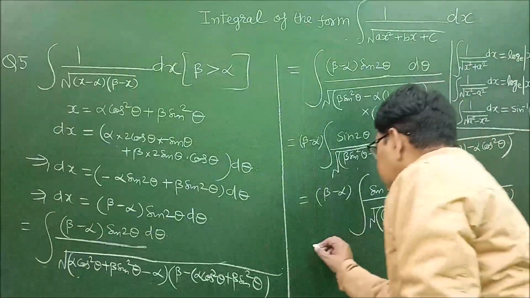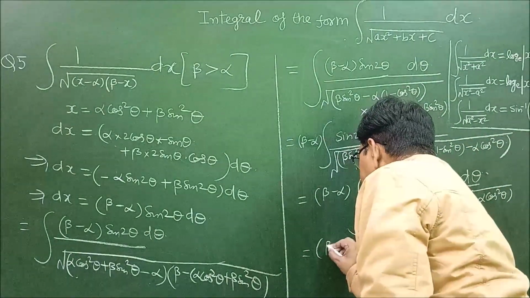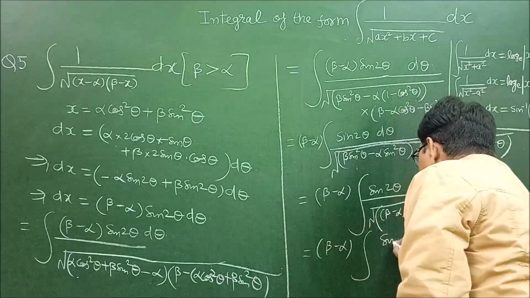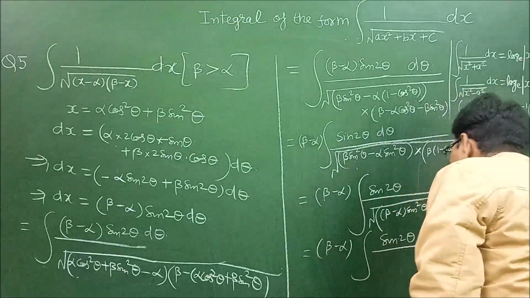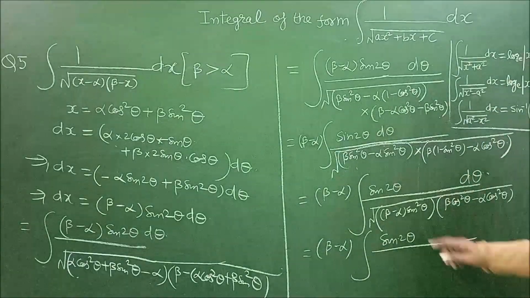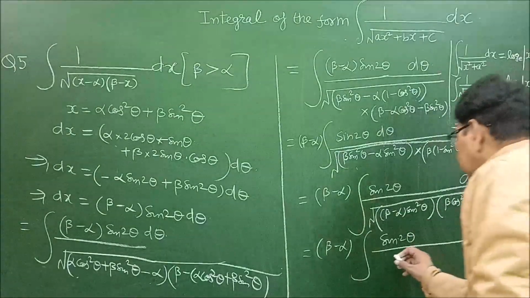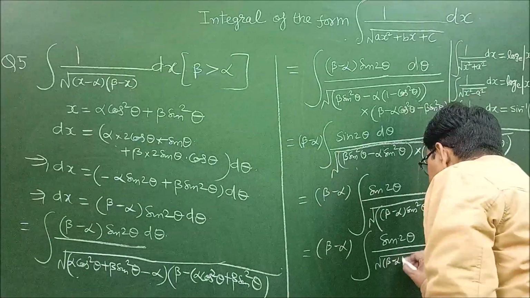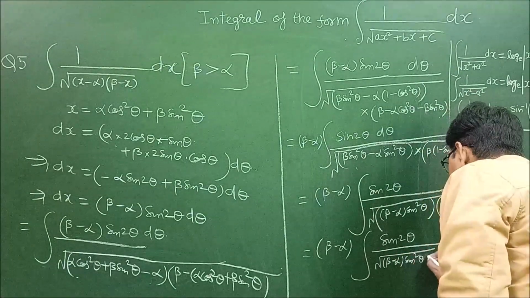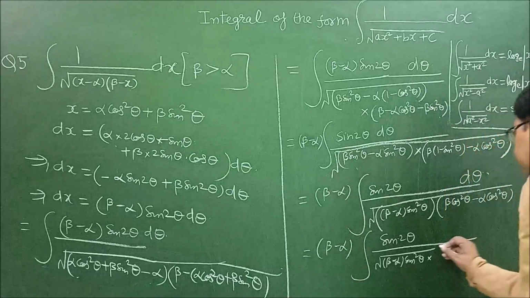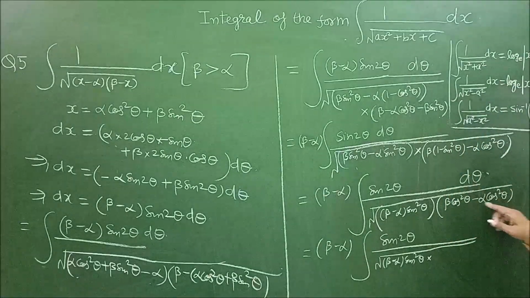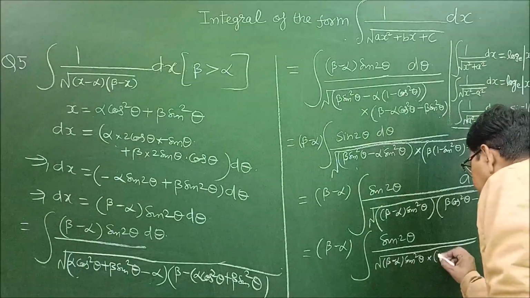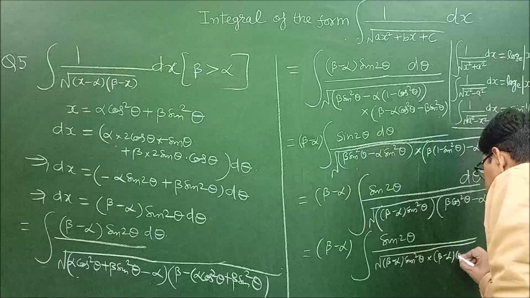So this is equal to (beta minus alpha) sin 2 theta upon the square root of (beta minus alpha) sin squared theta into, here cos squared theta is common, (beta minus alpha) cos squared theta.